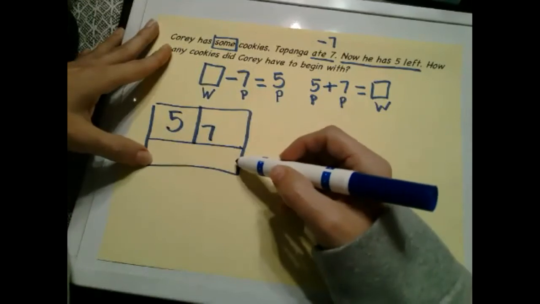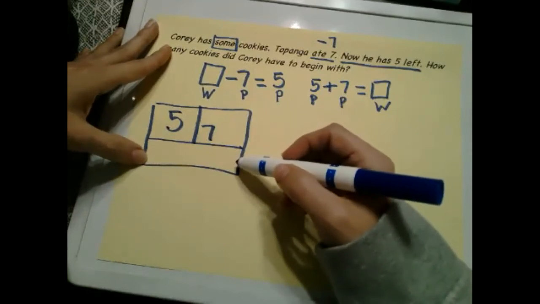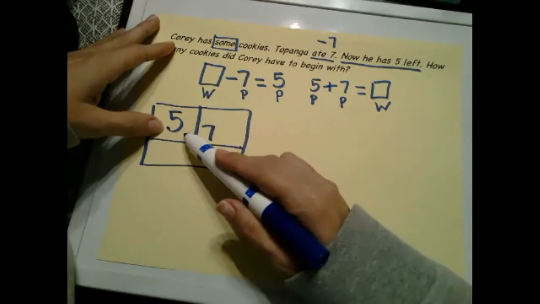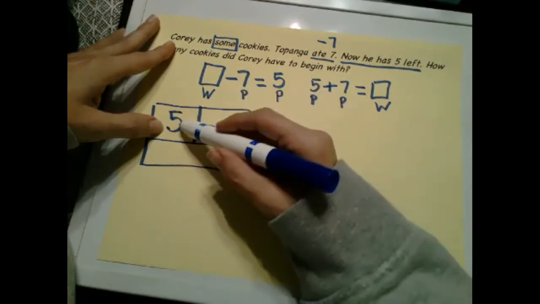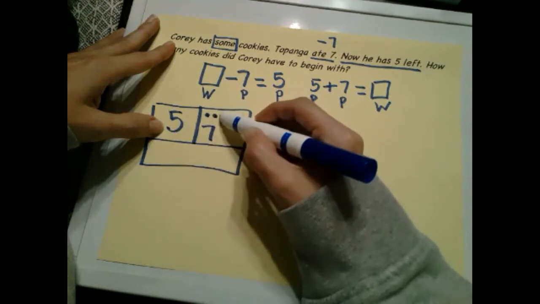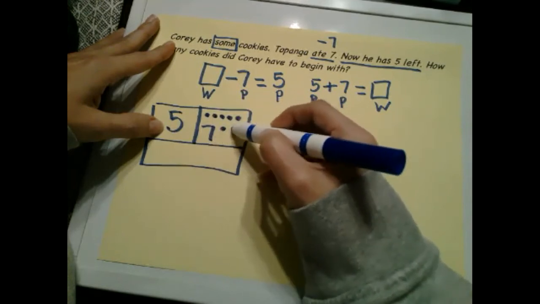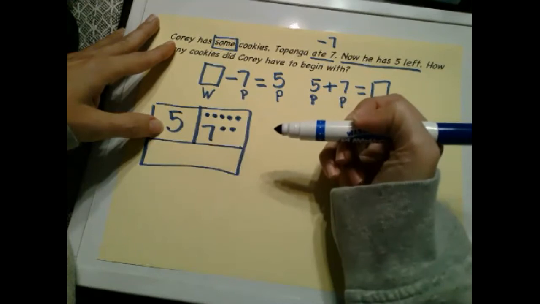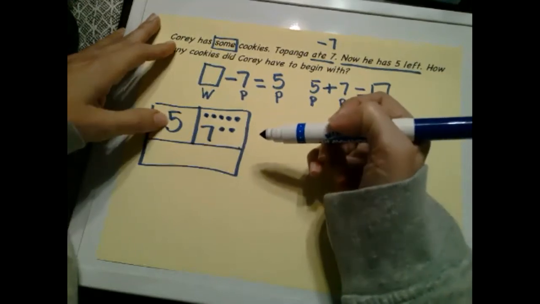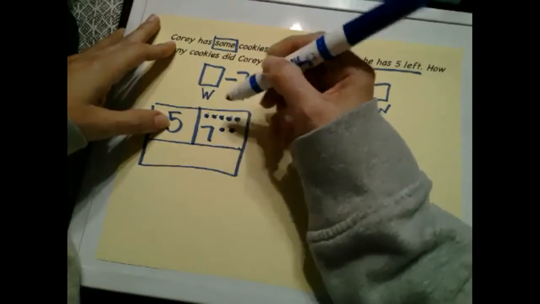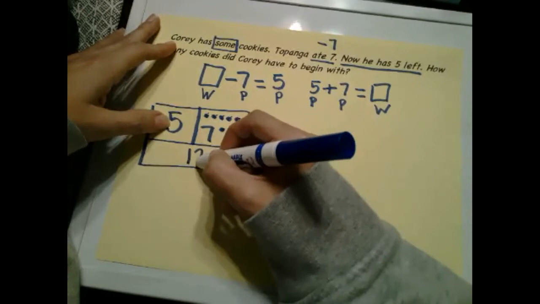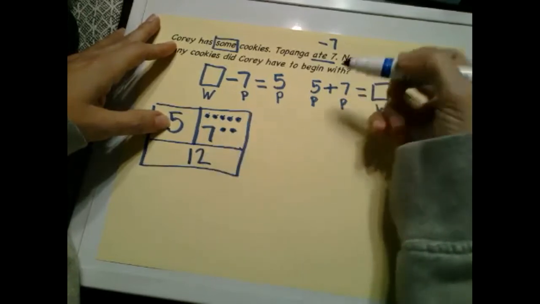What I need to know is what my whole is. So if I have 5, I can add 7 more. Count with me. 1, 2, 3, 4, 5, 6, 7. Now I can go back and count on 5, 6, 7, 8, 9, 10, 11, 12. So my whole would be 12.